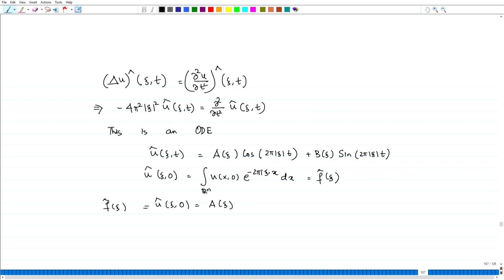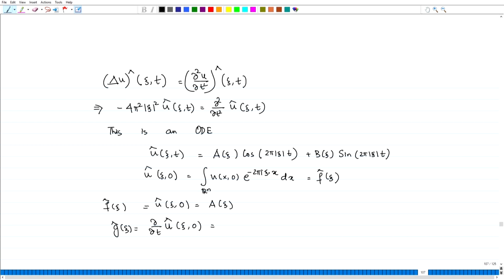Similarly, if we take del by del t of u hat xi at 0, this is g hat at xi.